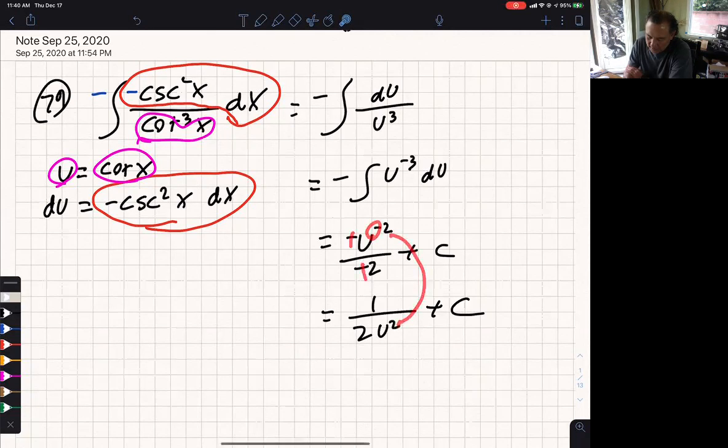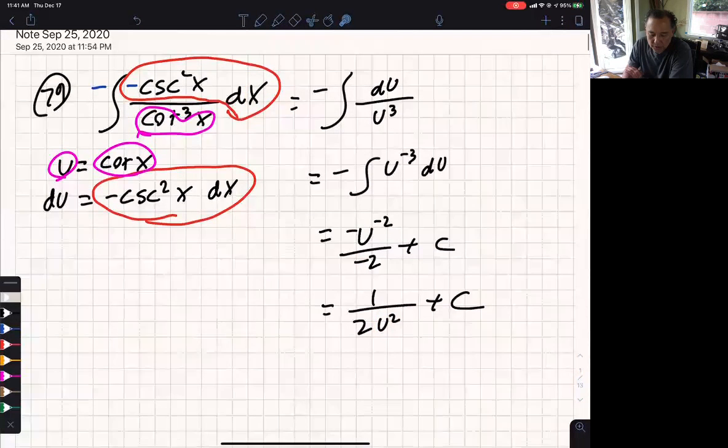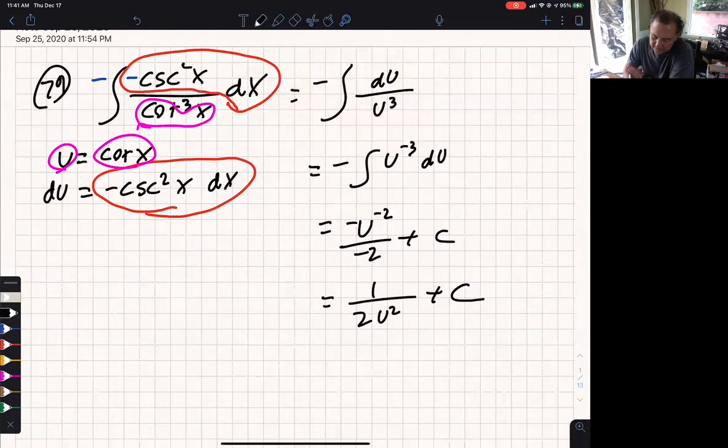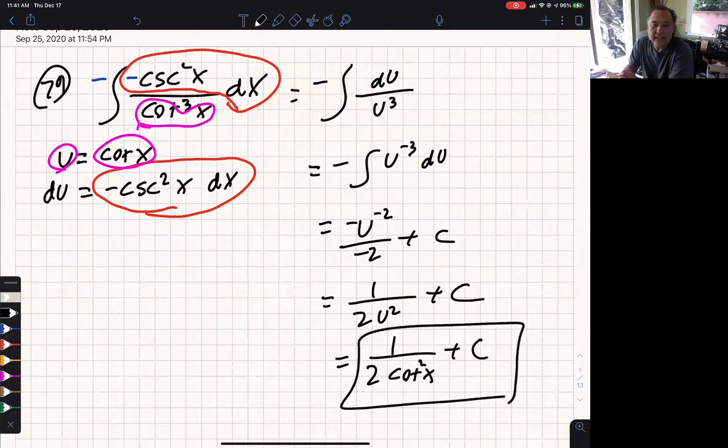The two negatives become plus. But my original was a dx. They're expecting my answers to be with x's, so I have to replace u with what u is, and u is cotangent x. So my final answer is 1 over 2 cotangent squared x plus c.